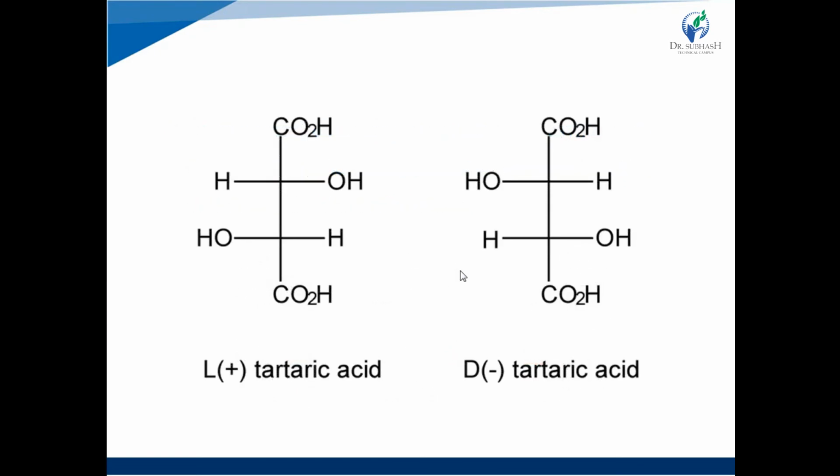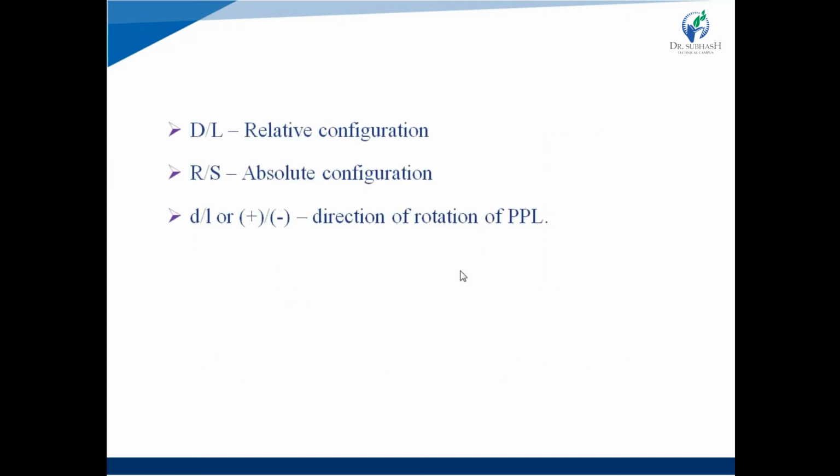Example of tartaric acid: in L-tartaric acid the OH group is on the left side, and in D-tartaric acid the OH group is on the right side. Keep in mind that capital D, capital L, capital R, capital S, and small d and small l are not related, right? There is no relation between all these terms; they are all different.